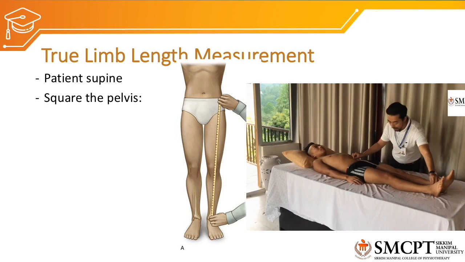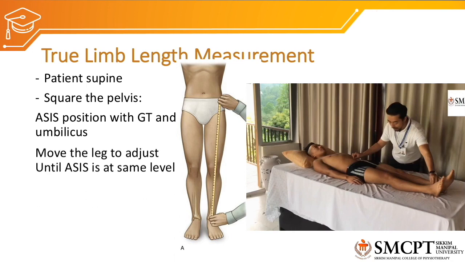To check if the ASIS is aligned properly, we measure the distance of the ASIS from the greater trochanter of the femur and the ASIS from the umbilicus. If the distance is not equal, that is, if the left ASIS is not at an equal distance compared to the right ASIS with reference to the greater trochanter and the umbilicus, then we have to move the leg to adjust the ASISs to the same level.